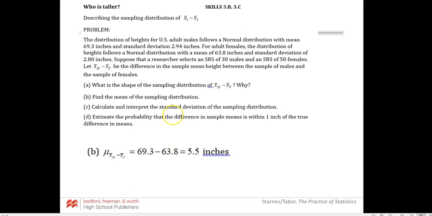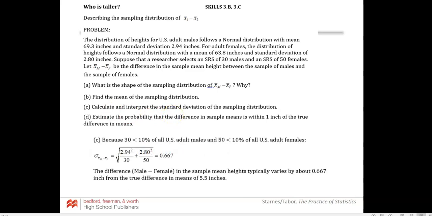The formula here is the square root of the standard deviation squared of the males, 2.94 squared, divided by 30, that's the sample size for males, plus the same thing with females. You add them up, square root the total, and you get 0.667. We interpret that by saying the difference in the sample mean heights typically varies by about 0.667 inches from the true difference in means of 5.5. Difference in means is the important part of that.